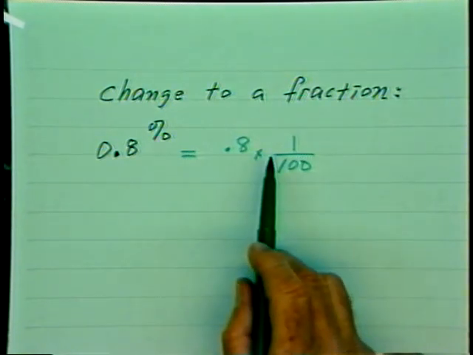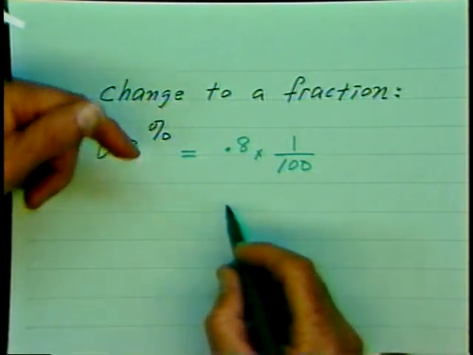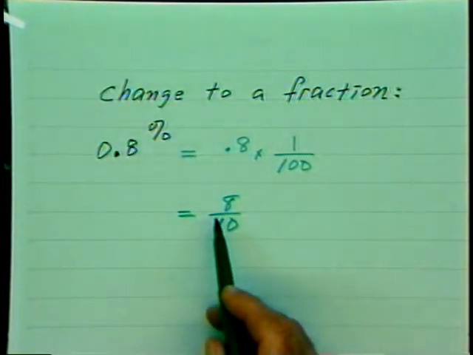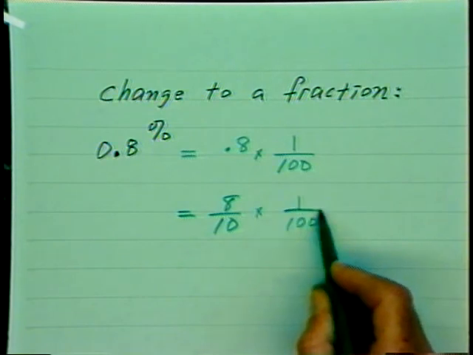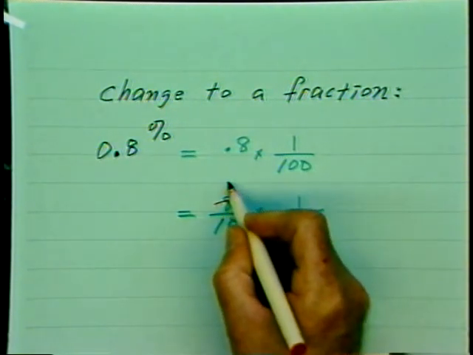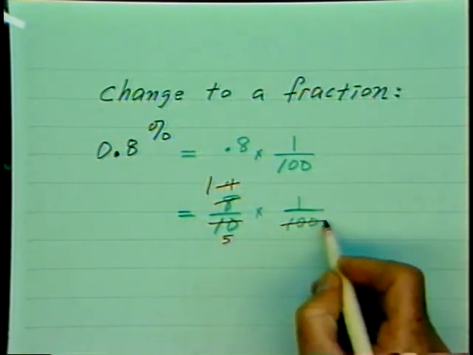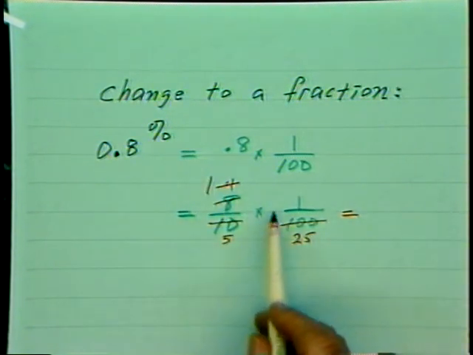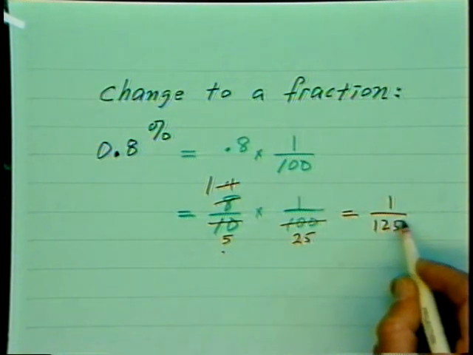But now if we're going to multiply, let's at least get both of them as pure fractions. So the 8/10 as a pure fraction is this, times 1/100th. And then we cancel wherever possible. So 2 goes into here 4, 2 goes into here 5, 4 goes into here once, 4 goes into here 25, until finally I have 1 times 1 on top, and 5 times 125.